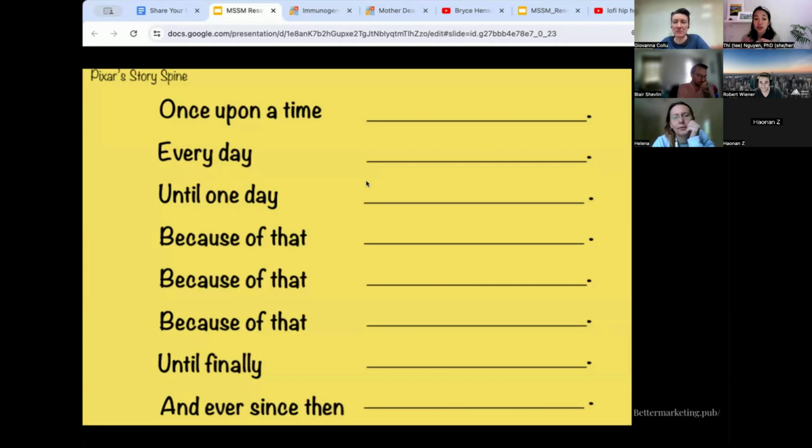So we'll go in order of raising hands, and you'll get to go twice. So it would be Helena, Sidhu, and then Robert. Okay? Helena, start us off. Just the first sentence. And then Sidhu will say only every day, and then Robert will say until one day.